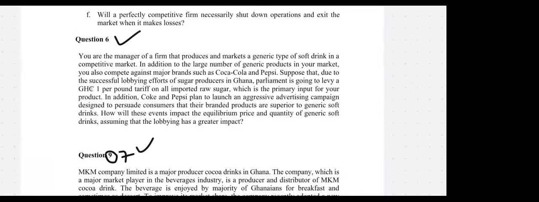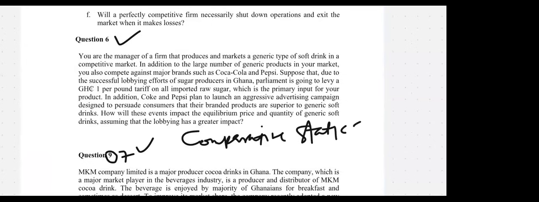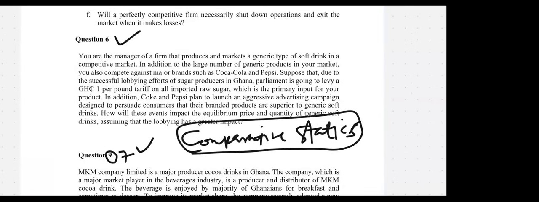These two fall under a managerial economics topic called comparative statics. The approach I'm going to use is what you mostly have to use to solve comparative statics questions.